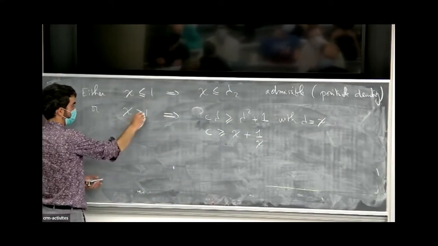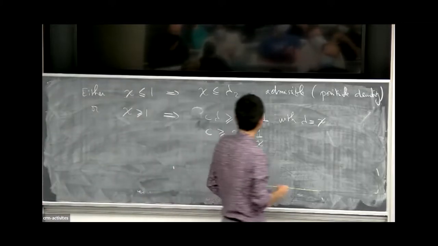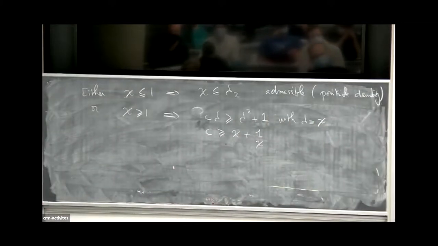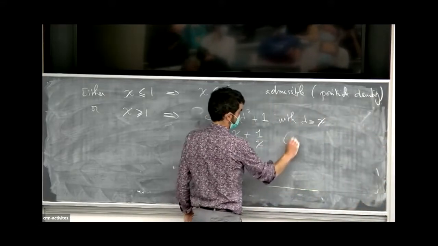Actually, I can make this one larger. So in this case, I am on this branch, and so it means that chi is between 1 and lambda 2, and in particular, it cannot be larger than lambda 2, so my density is again positive.